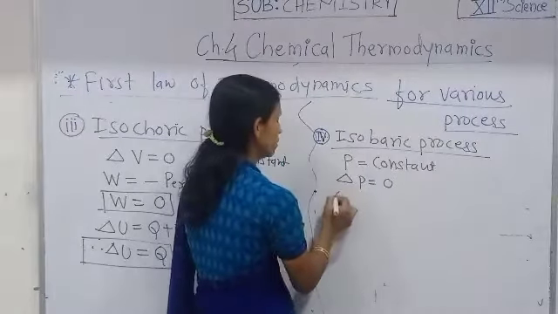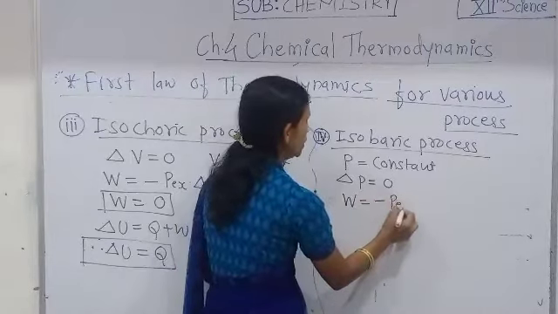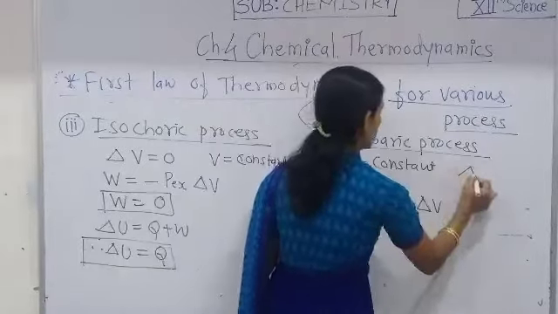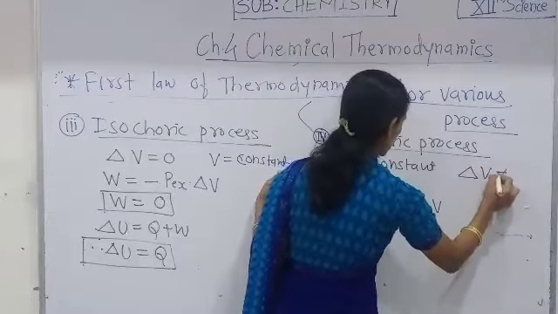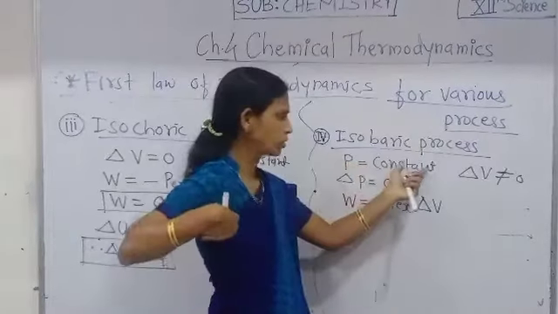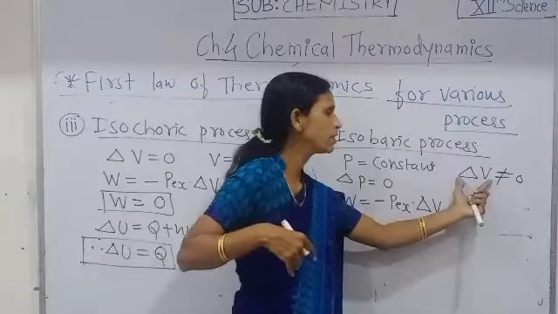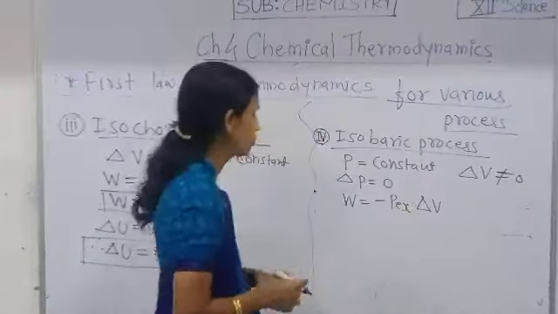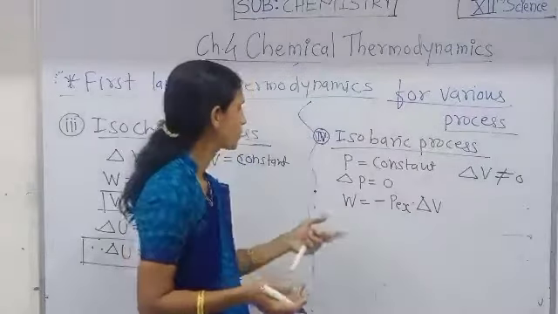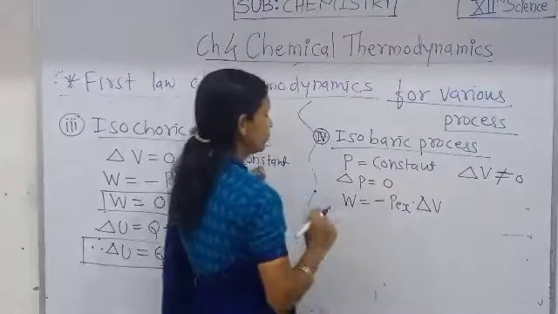And here W is equals to minus PEX into delta V. That means here delta V is not equals to 0. That means as pressure remains constant, the change in internal energy is not equals to 0. That means the process which takes place in an open system comes under the isobaric process.